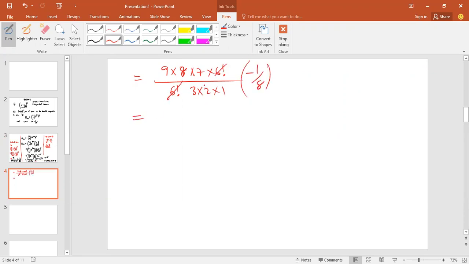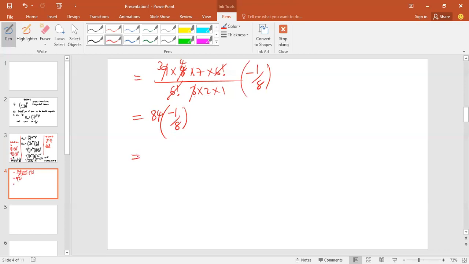Then what we can do is, 3 in here gives us 3, and 2 in here gives us 4. So we'll say 3 times 4, that's 12. 12 times 7, that's 84. So it will be 84 times negative 1 over 8.